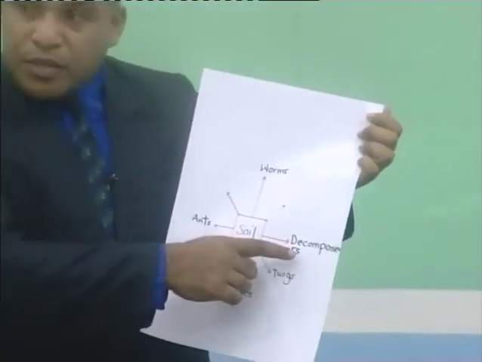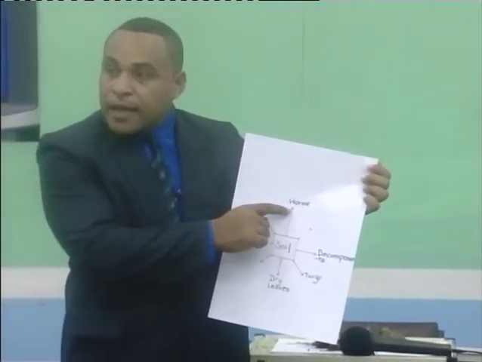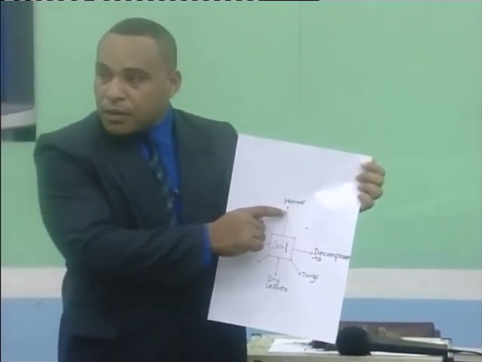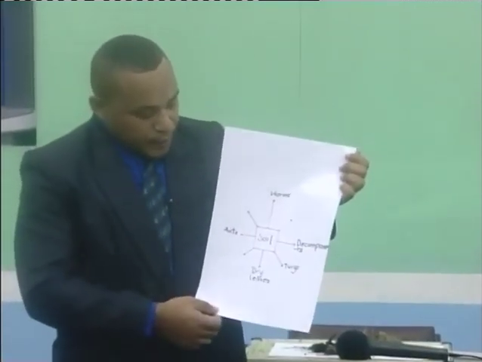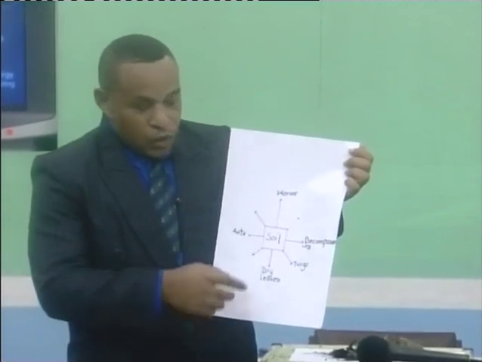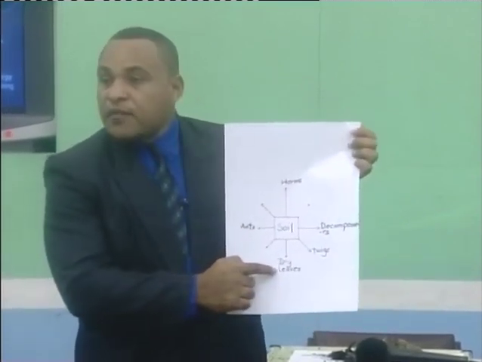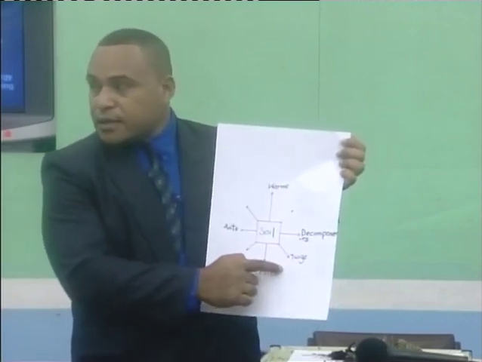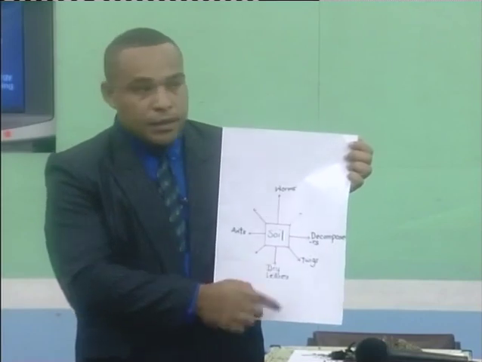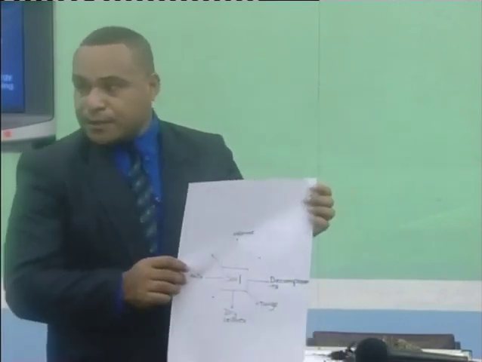The examples of decomposers are like worms. Worms are examples of decomposers. So the worm and the ants, they feed on dry leaves and twigs. Okay. So very good. Give Emmanuel's group 3 big claps.